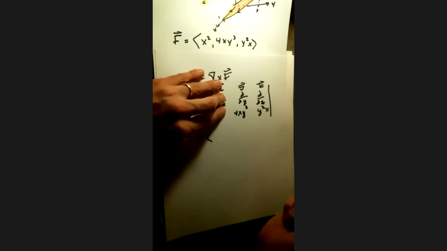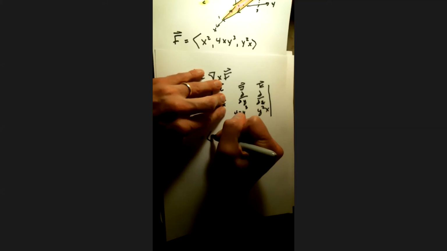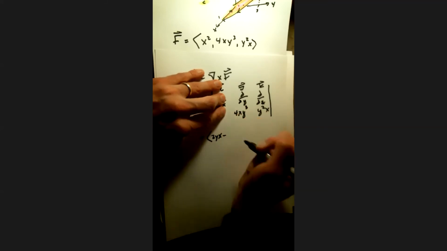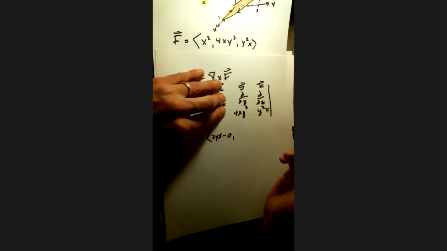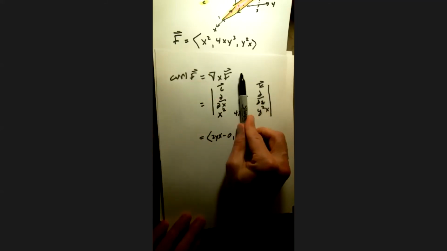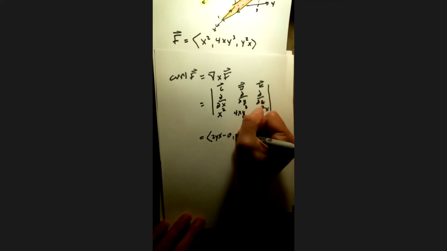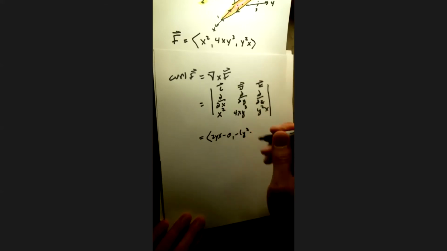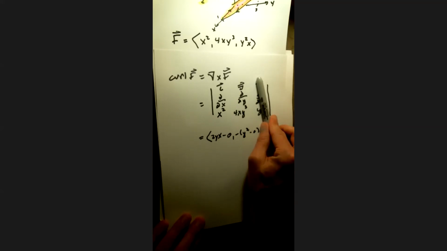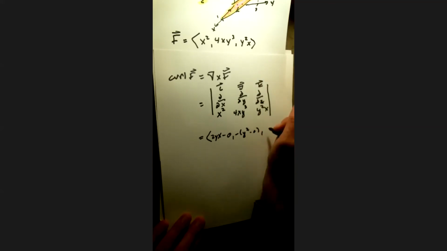So it looks like we got 2yx minus 0, and then y squared minus 0, minus 0, thank you, and 4y cubed minus 0, minus 0 again.